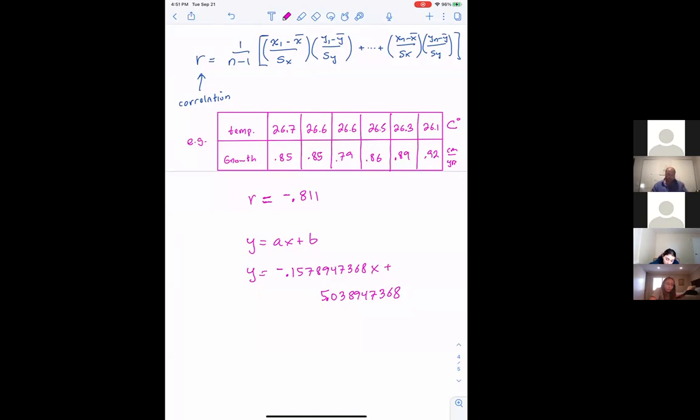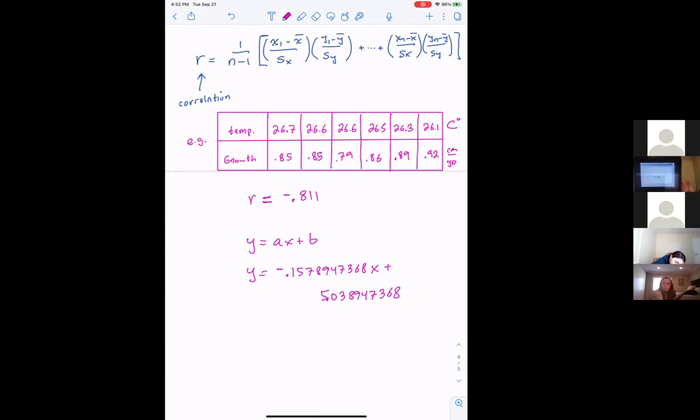What's a good choice? 0.75 to 0.95. I did 0 to 2, but it's your choice. As long as you cover it, it's fine. Do whatever you like, as long as you cover the range of values. And when you hit graph, this is mine. Okay, with my window, when I hit graph, this is what I have.